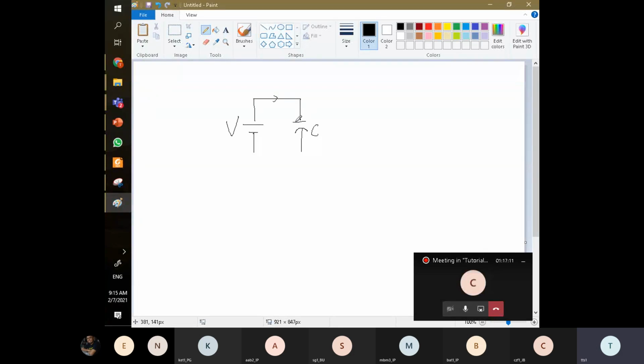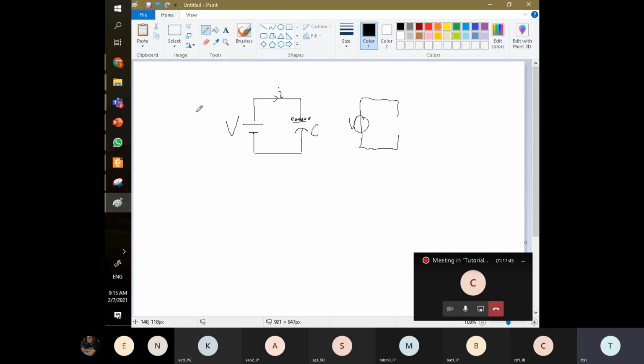The current is charging this capacitor. When the capacitor is fully charged by the battery, it becomes an open circuit. After it is fully charged, the circuit becomes open.